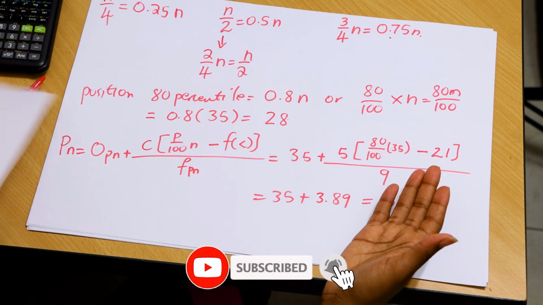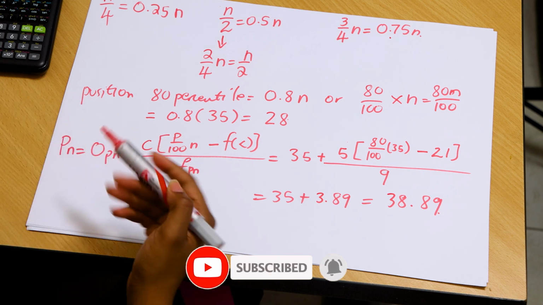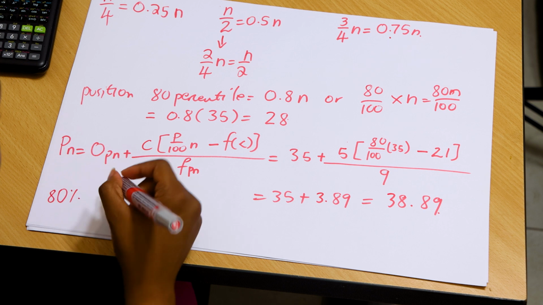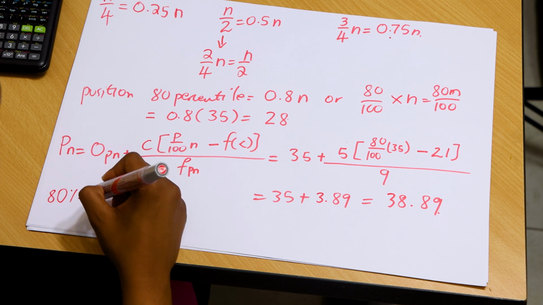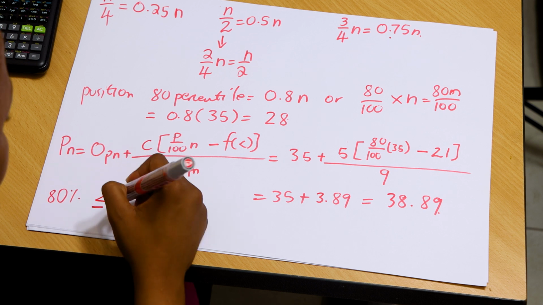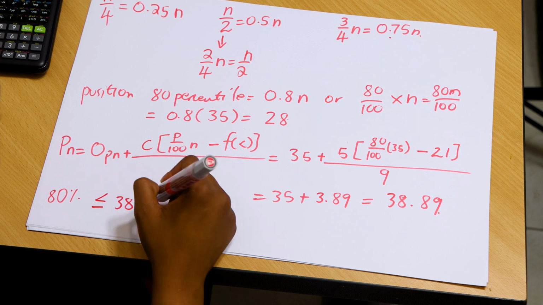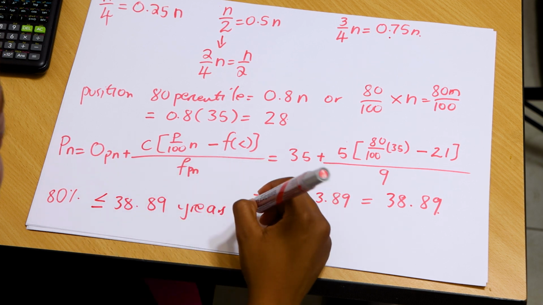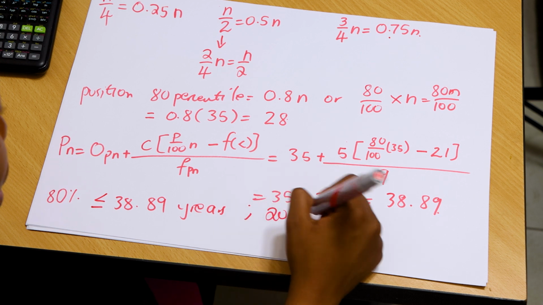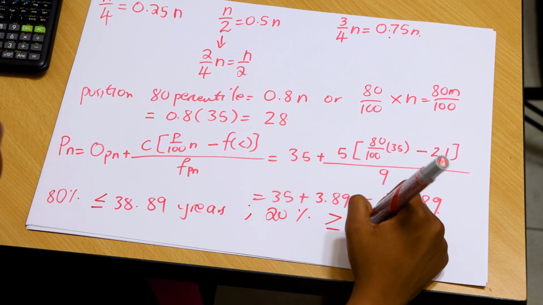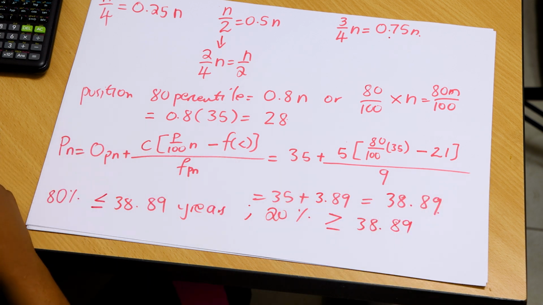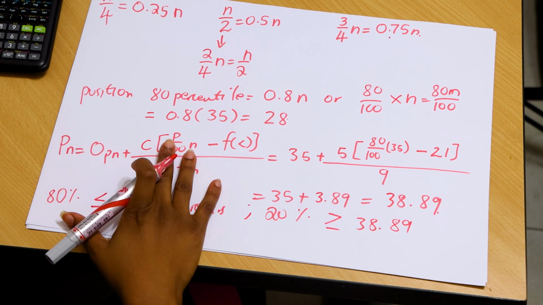And then what is the interpretation? The interpretation is that 80% of the data of the respondents are less than or equal to 38.89 years, and the other 20% is greater than or equal to 38.89, and that is the interpretation.